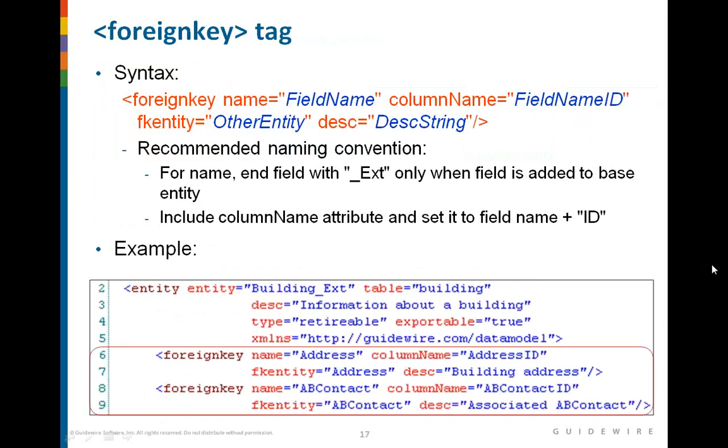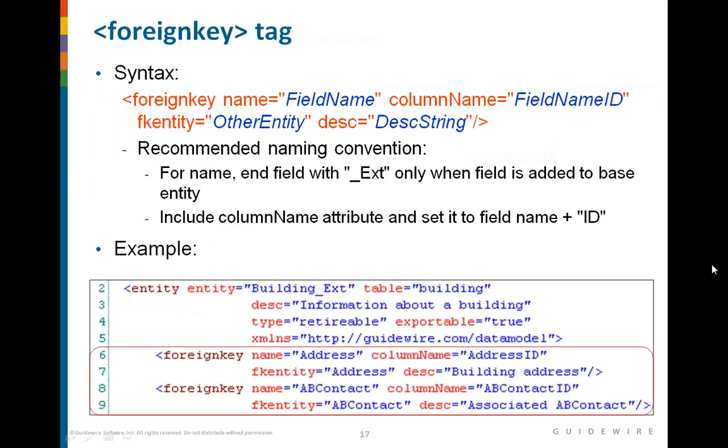So, foreign key is to handle the one-to-one relationship. Here you can see foreign key name equals field name, column name equals field name ID. It's a convention that if you use ID, it will be easy to understand that we are referencing another table's field. If you see the database table, how exactly will it look?